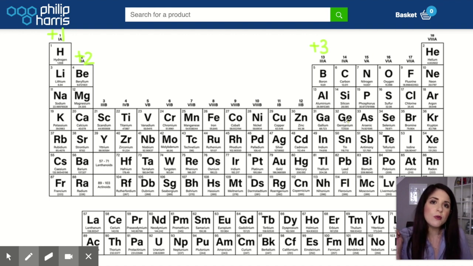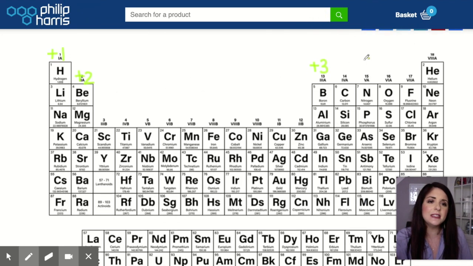Carbon's group, so group 14. Now, if you think back to valence electrons and electron configuration, these have 4 valence electrons, and to become stable, they're going to want to either lose those 4 electrons or gain 4, and it depends on what else it's bonded to. That determines whether it's positive or negative.